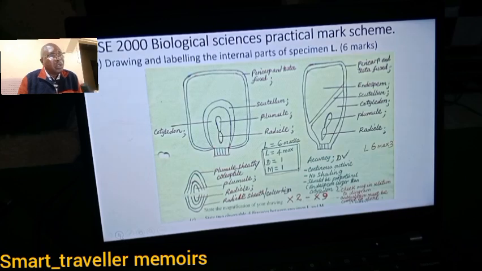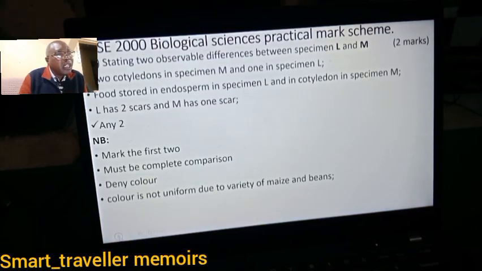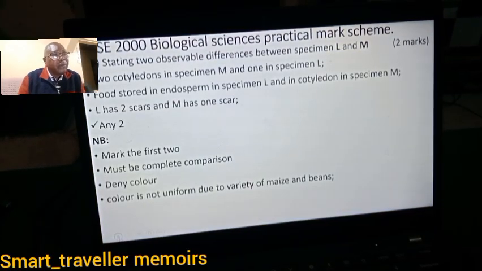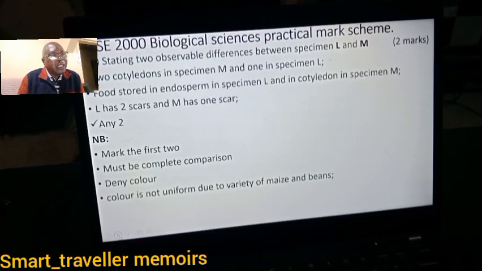Any 2, you get 2 marks. Note, mark the first 2. For a mark to occur, there must be complete comparison. Deny color as a comparison because beans are of different varieties and maize are of different varieties. So color is not uniform due to variety of maize and beans.